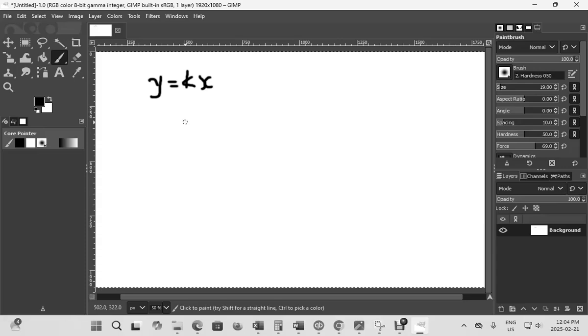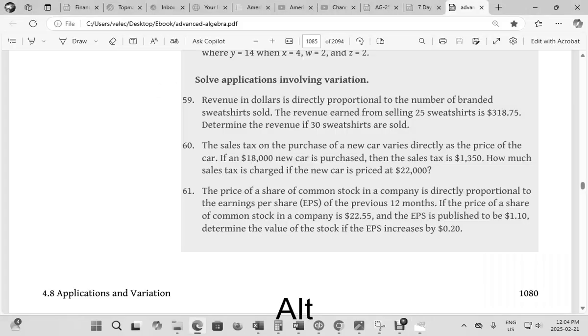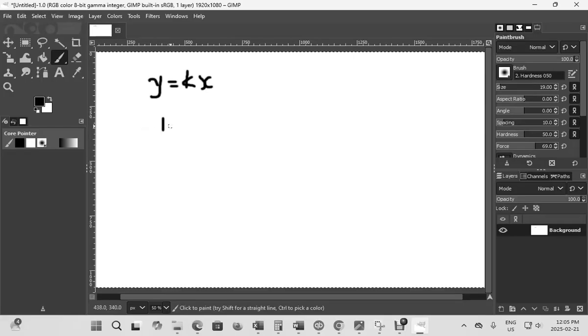So we know that y in this case will be 18,000, the price of the car, and the sales tax of that product is $1,350. At this point we don't know what the sales tax rate is.